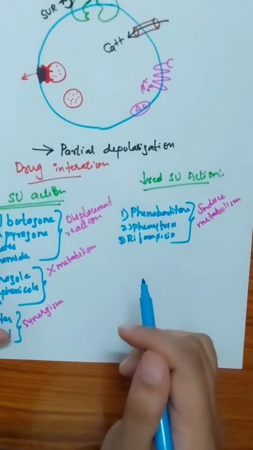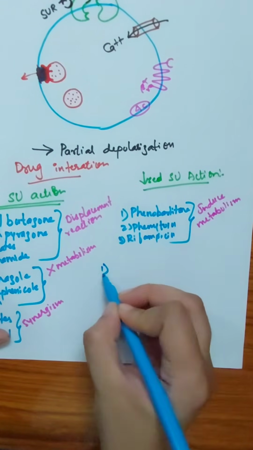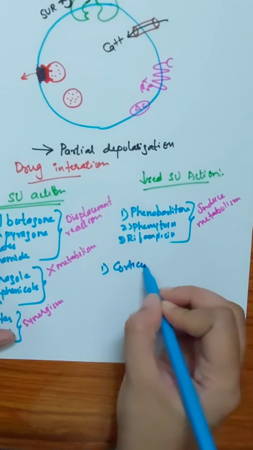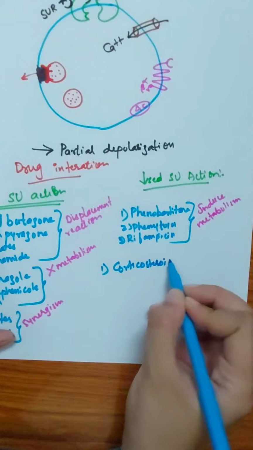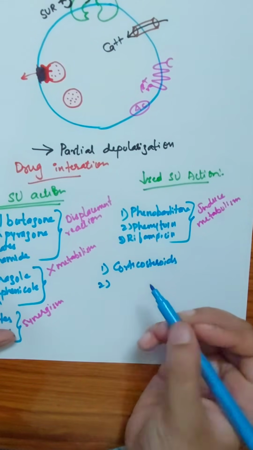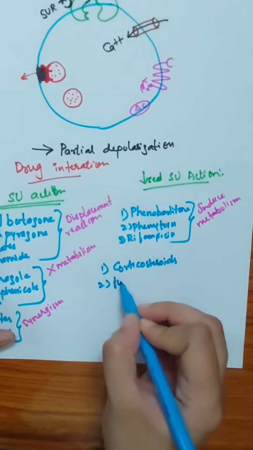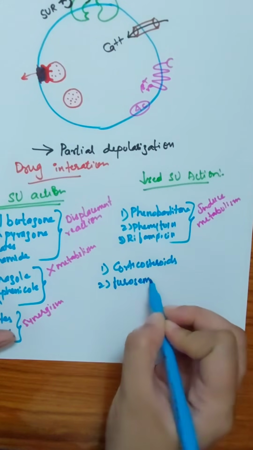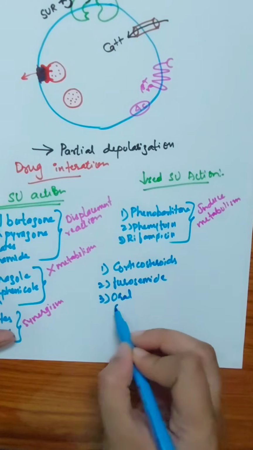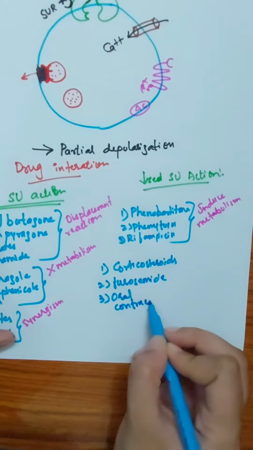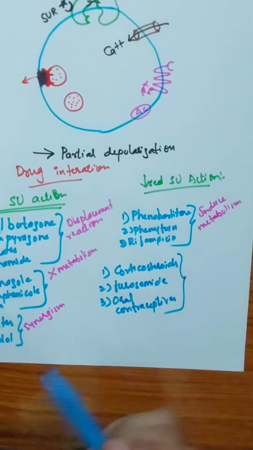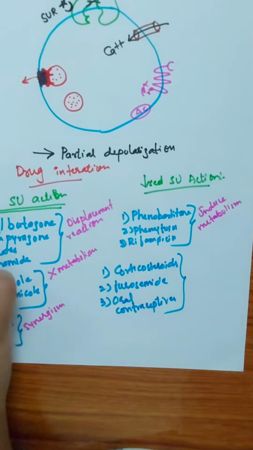Next, when it is taken along with another set of drugs such as corticosteroids and some diuretics like furosemide, and even along with oral contraceptives, what will happen when sulfonylurea is consumed along with all these drugs?